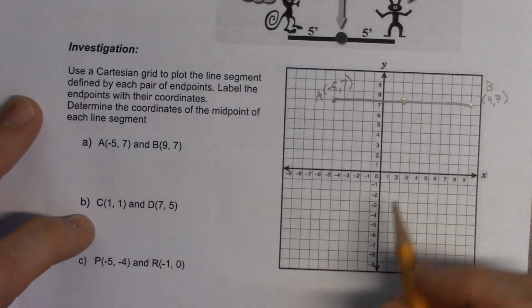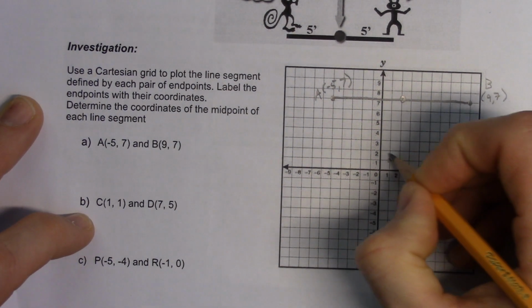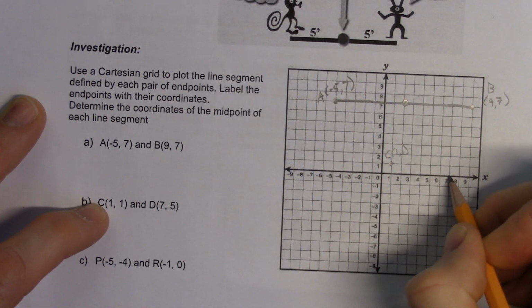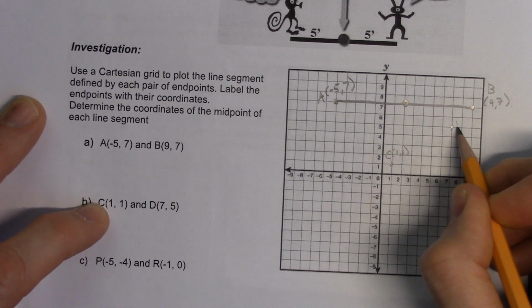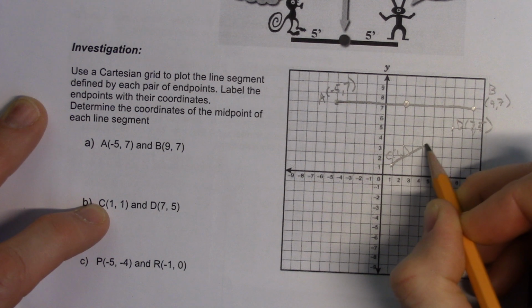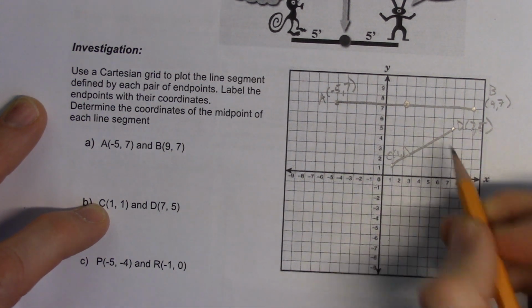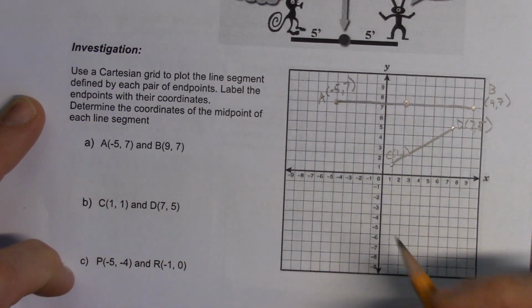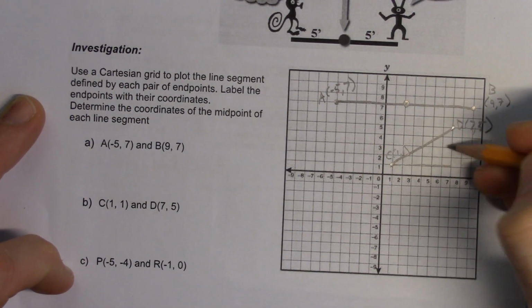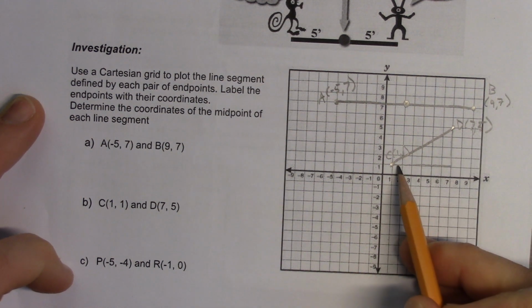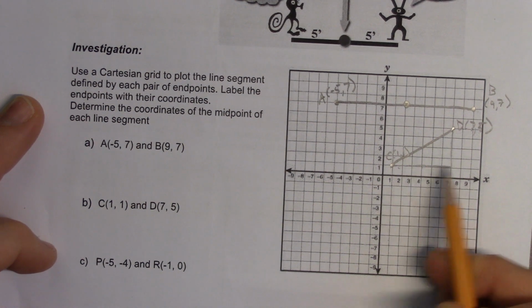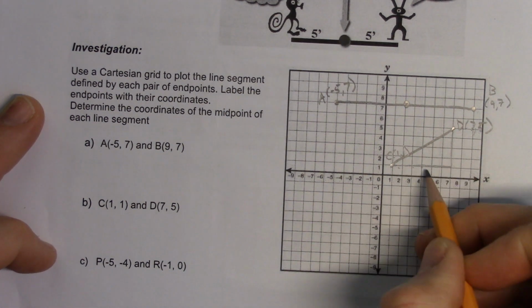Okay, next one, C is 1, 1. D is 7, 5. Here's our line. Okay, so now to get the middle of this point, if we watch the video, we count our run, 1, 2, 3, 4, 5, 6, so we get the middle, 1, 2, 3, there's our middle.